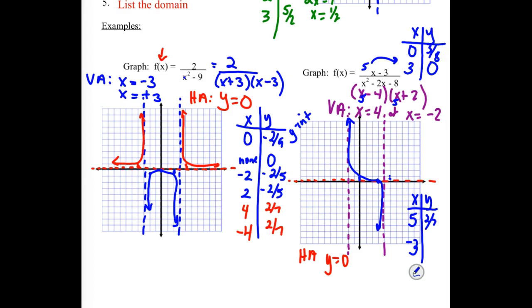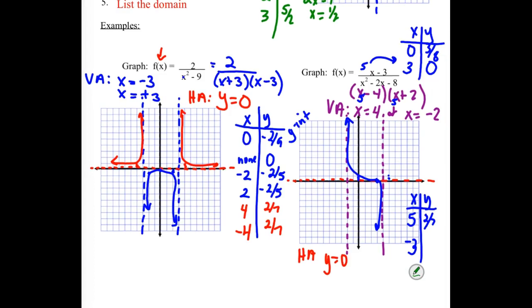So just a little bit above the x-axis. If I put a negative 3 in, all right, numerator is negative 3 minus 3, negative 6. Denominator: negative 3 minus 4 would be negative 7.